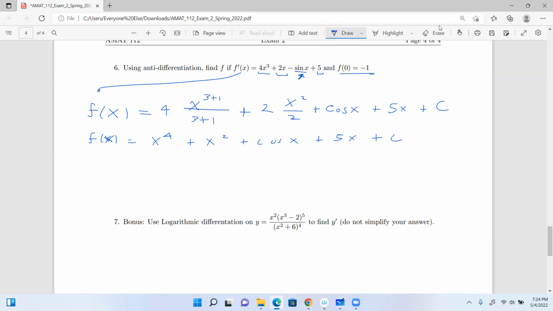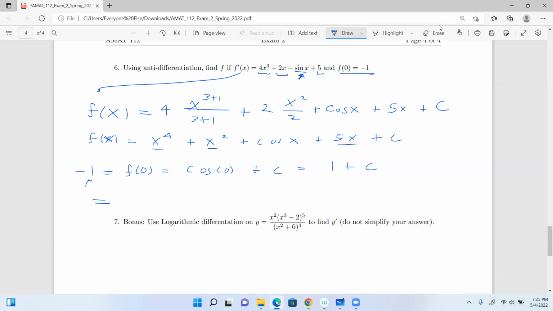What this means is that when you plug 0 into the function, you're going to get -1. But what happens when you plug 0 into the function? This becomes 0, this becomes 0, this becomes 0, and then we have cosine of 0 plus c. Well, cosine of 0 is just 1.